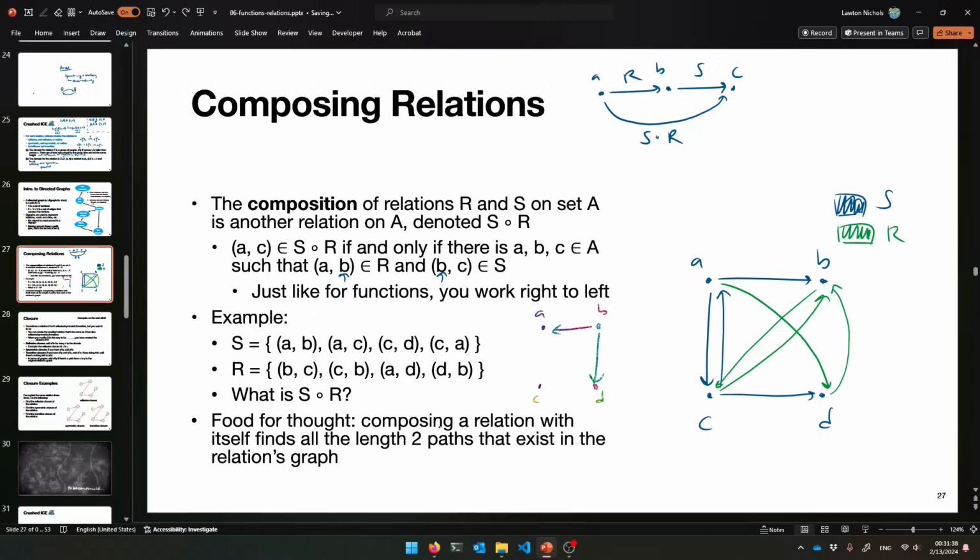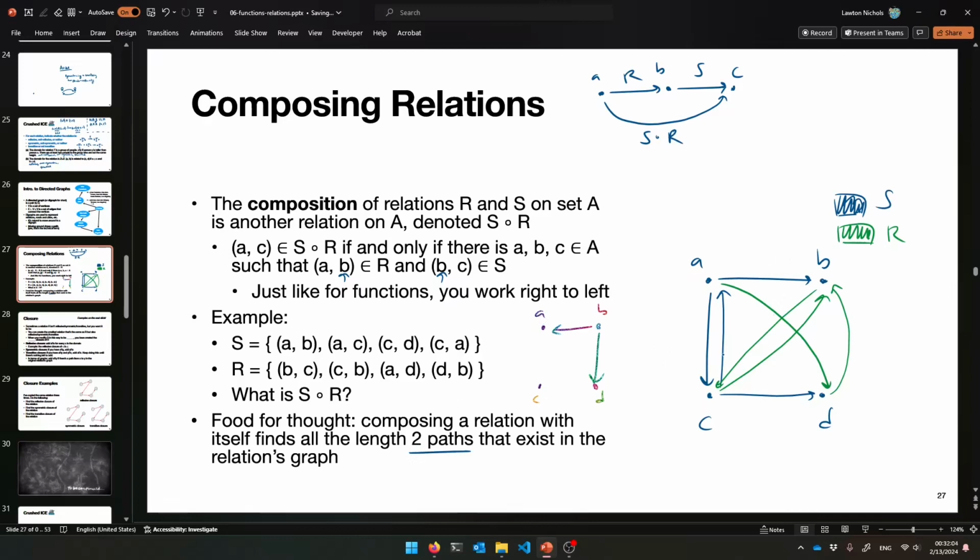Here's a fun idea. If you compose a relation with itself, like you compose just S with itself, you're following an S and then another S arrow. You're following two S arrows, and that is in the composition. So if you compose a relation with itself, you're essentially just finding all length 2 paths in the graph of that relation.